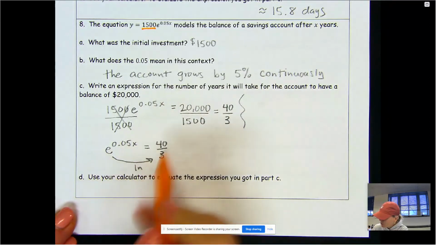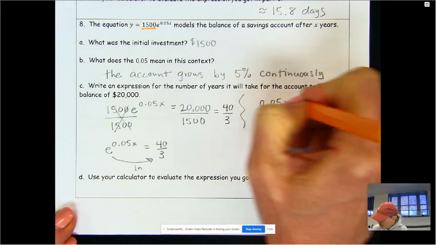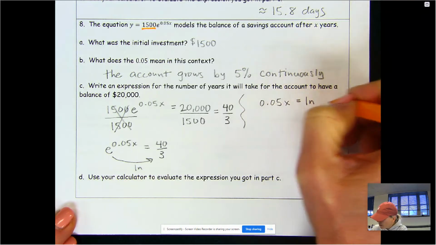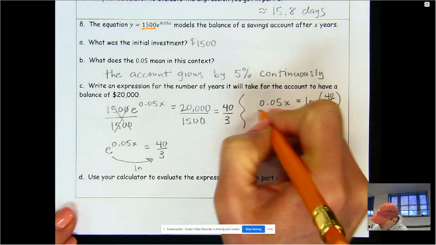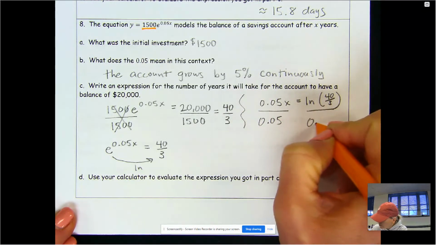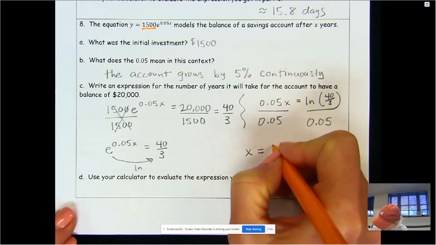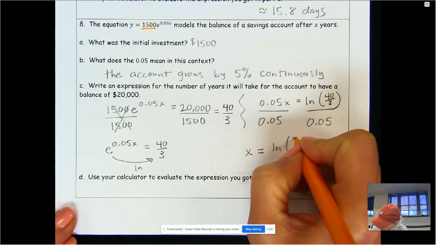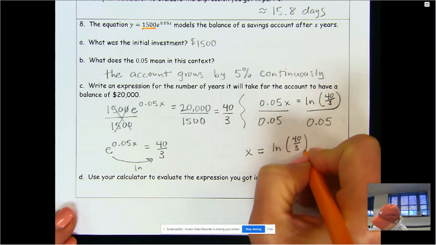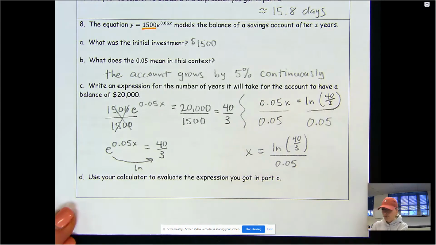Okay, so I'm switching forms. So 0.05x is equal to the natural log of 40/3. And now divide. So x is exactly the natural log of 40/3 divided by 0.05.